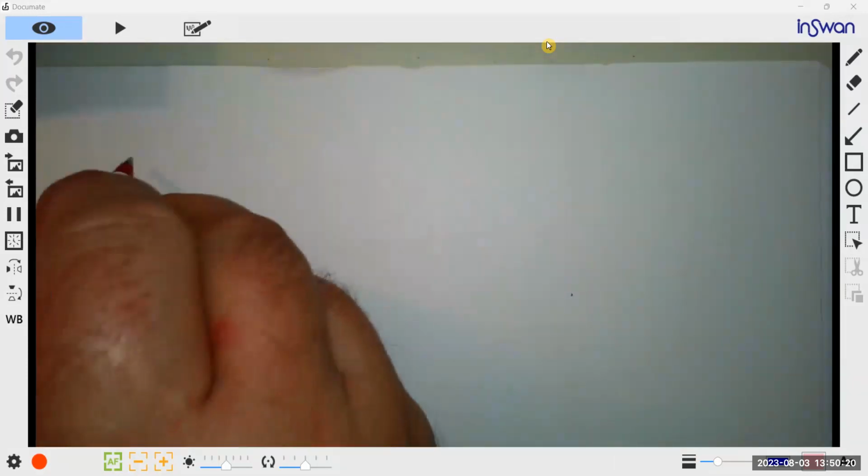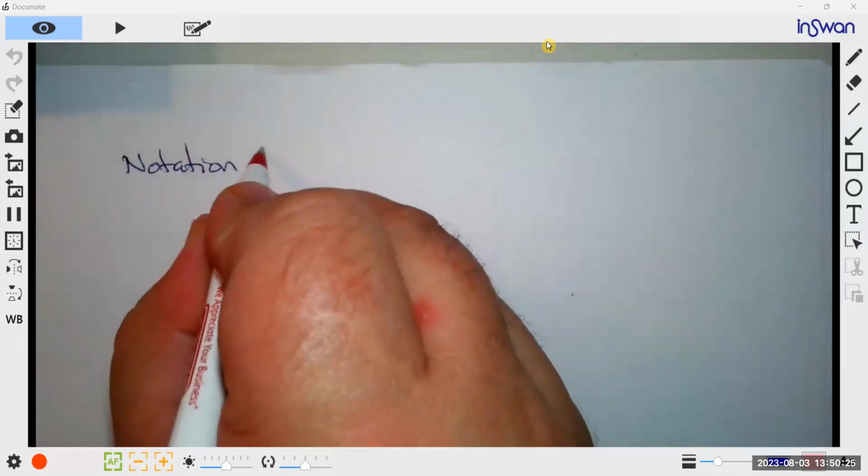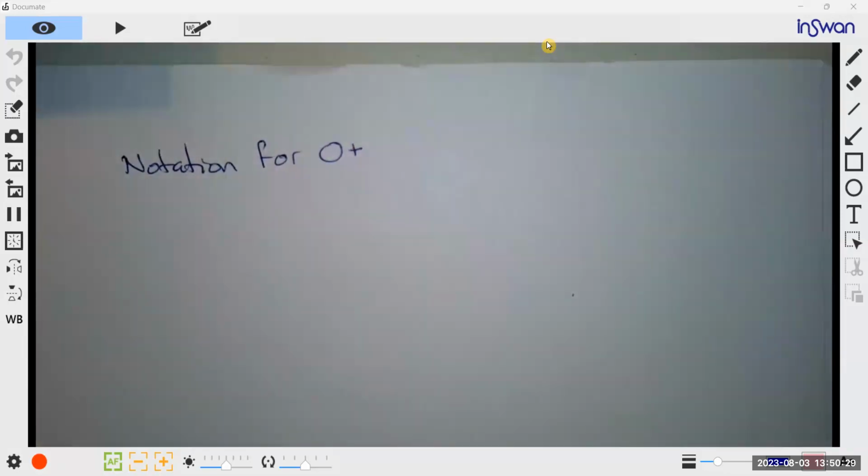Another notation: a notation for 0 plus.